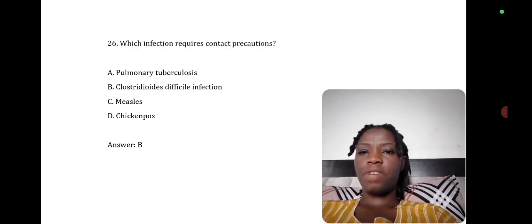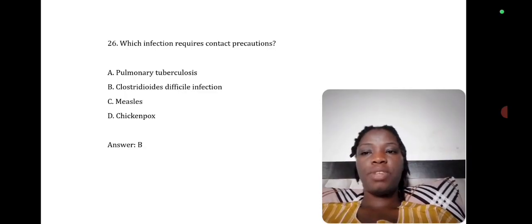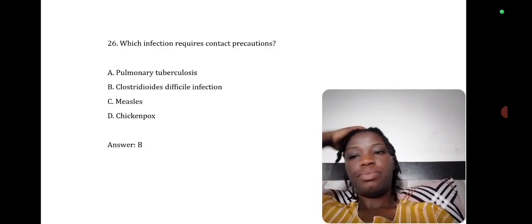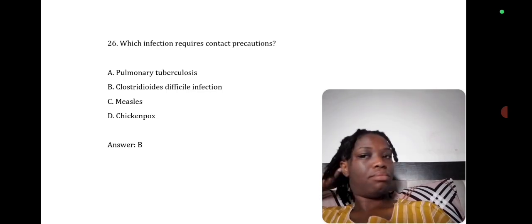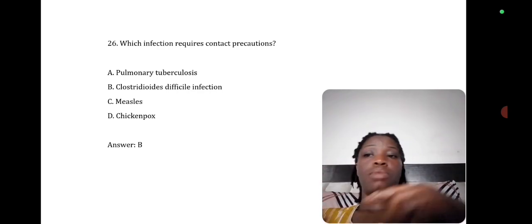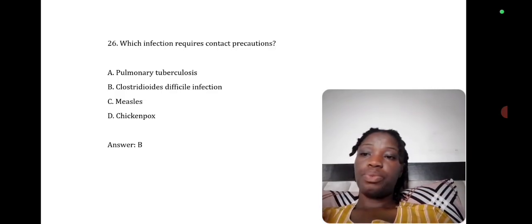Question 26. Which infection requires contact precaution? B. Clostridium difficile infection. They are the ones that need contact. You know, pulmonary TB is airborne precaution. Measles, airborne precaution. The same thing too.